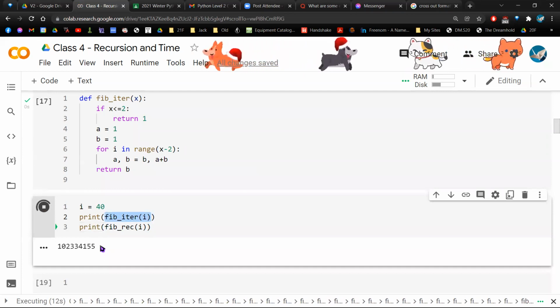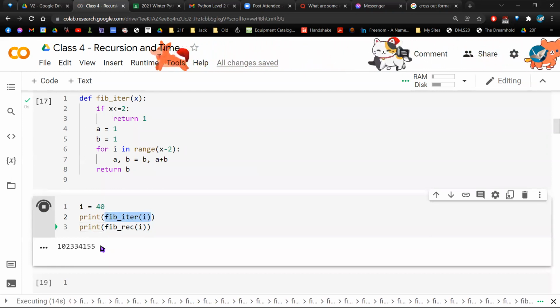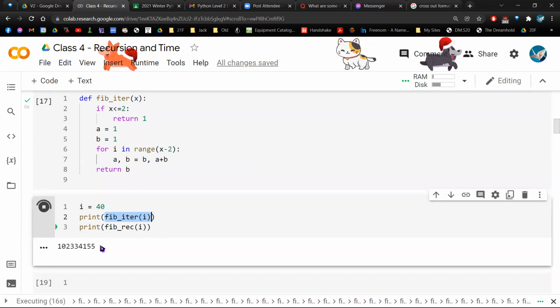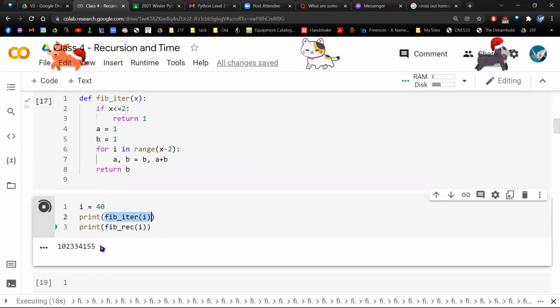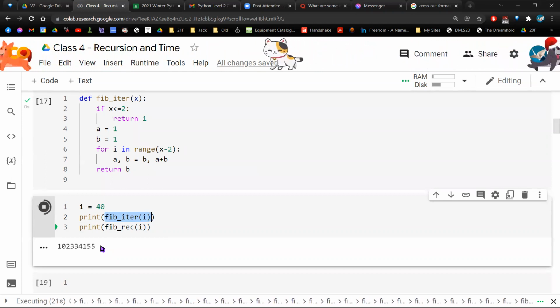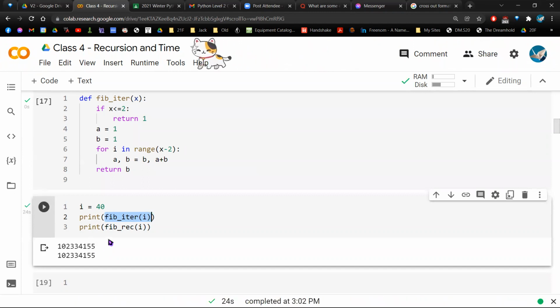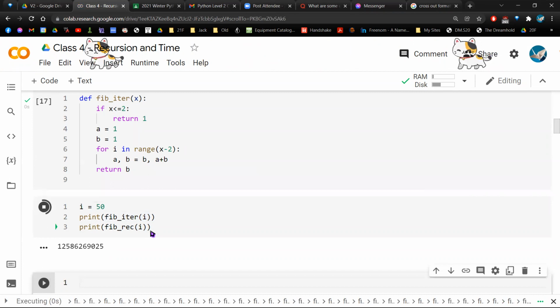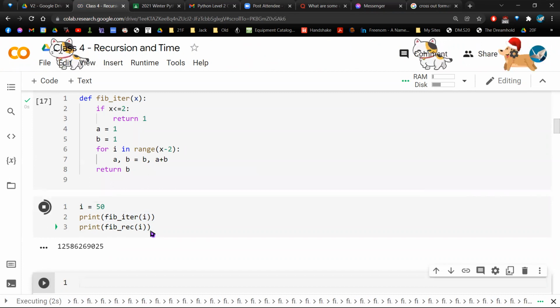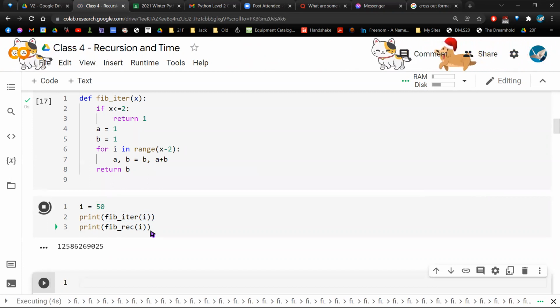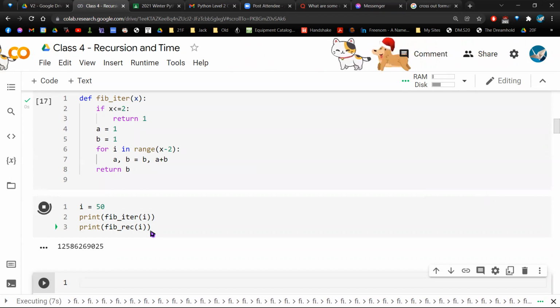But this recursive one is taking a lot of time. And in fact, this might actually take multiple hours, might take longer than any reasonable amount of time. So this one took like 2 minutes, but if we go to 50, I can pretty much guarantee that this is not going to finish within a week, even if I let my computer just sit here and calculate, it's not going to finish.